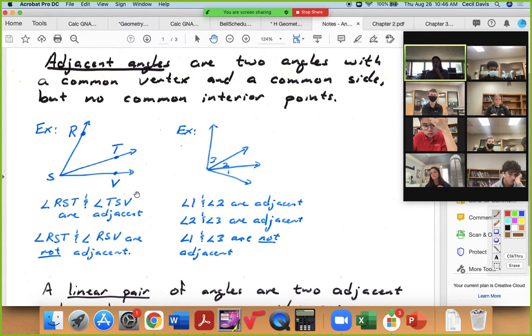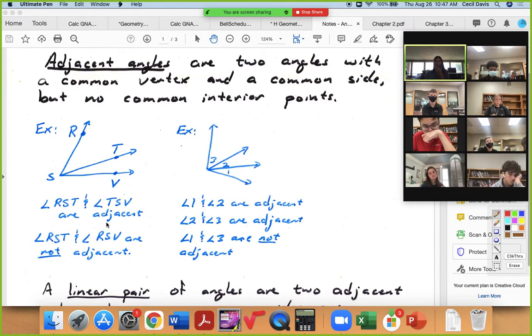So here, angle RST and angle TSV are adjacent because, and I'm going to write that here, the common vertex, what's the vertex for both of those?